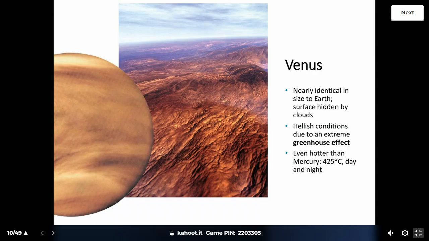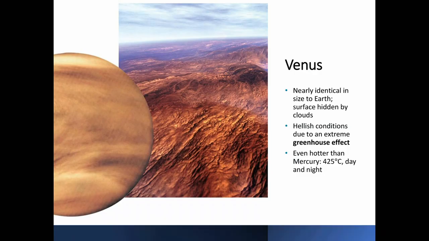Venus is the next planet out from the sun. It's almost the same size as the Earth. It has a very thick atmosphere that's a result of a runaway greenhouse effect, and so it's hard to study the surface of Venus because it's hidden by clouds, but we have landed probes on the surface of Venus that we'll see later in the semester, and it's even hotter than Mercury is because it has an atmosphere to trap all of the heat from the sun that hits the planet.